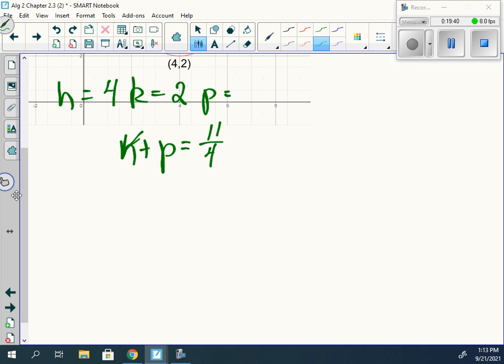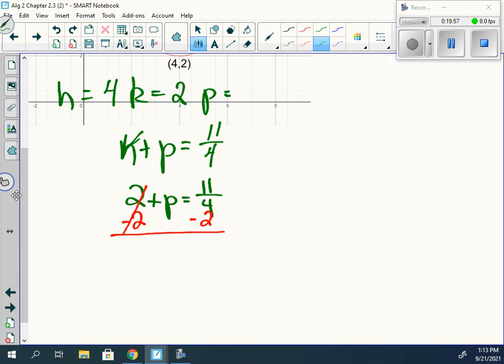What is the value of k? Well, 2. So 2 plus p is equal to 11 fourths. So what do we do? Subtract 2 from both sides.